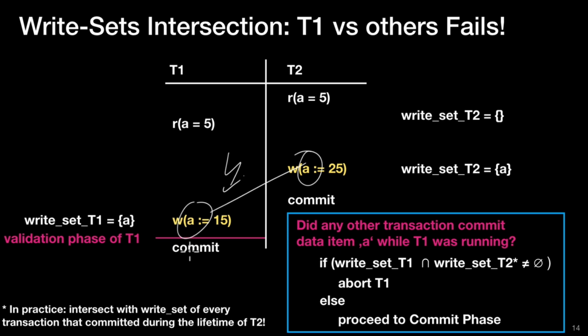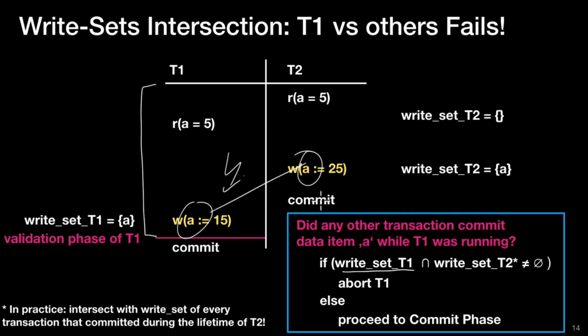And the check I'm performing at this point in time is to see whether the write set of the transaction I want to commit, this is the transaction I want to commit, and this is the write set of that transaction, intersected with each and every transaction that committed while T1 was running. So in this time interval, while T1 was running, certain transactions committed.